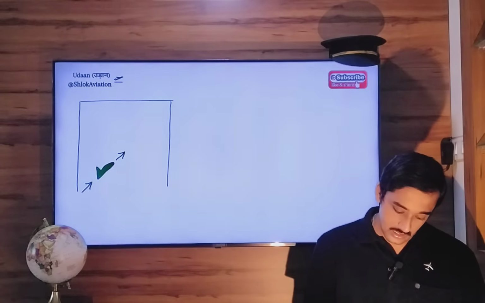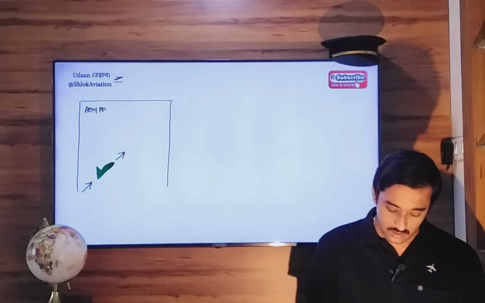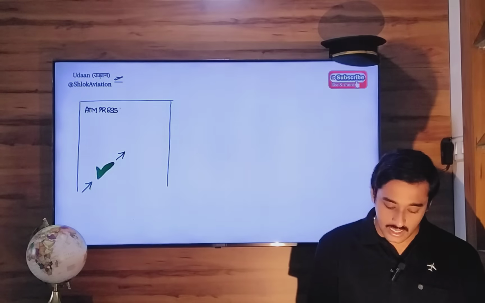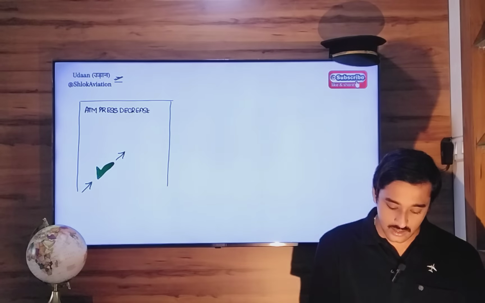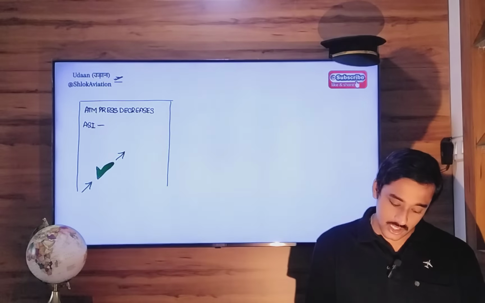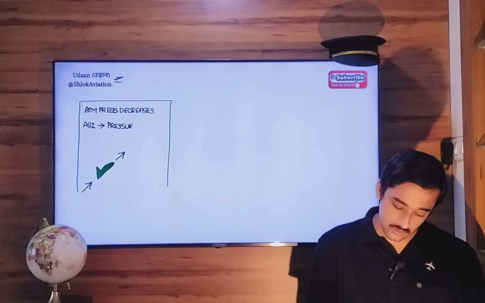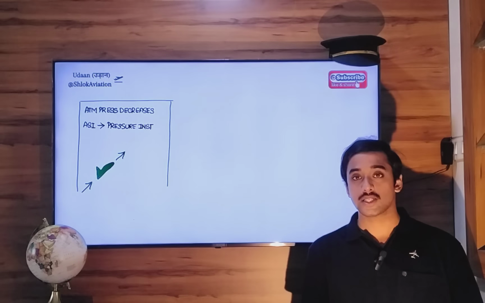Atmospheric pressure decreases. Now we all know that your airspeed indicator is a pressure instrument, correct?